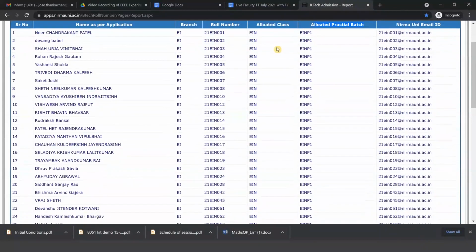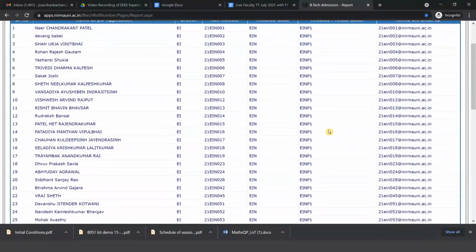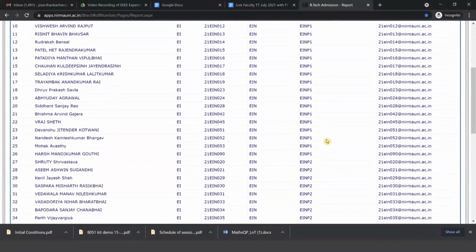So P1, you can see, means N1 batch. It is till this point, and your roll number 45 is here, so this is in P1 batch. P1 and N1 are the same, because generally you have three separate batches in each division, depending upon the number of students.